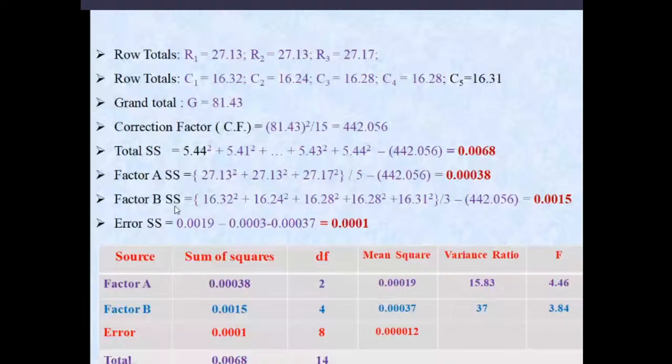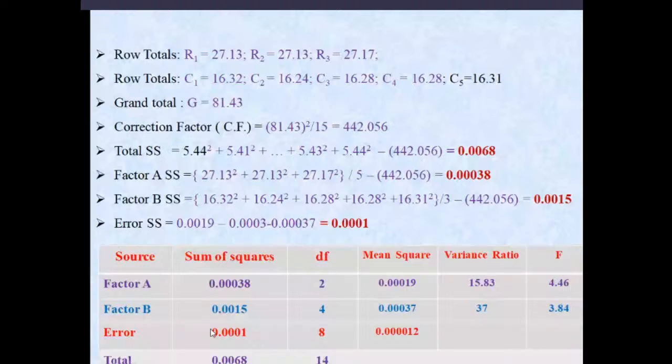Which is equal to F. So the same thing, whatever the values that I am expressing here: the corresponding total value, and due to factor A 0.38, whatever the value, and 0.0015, and whatever the subtracted value here at the time.